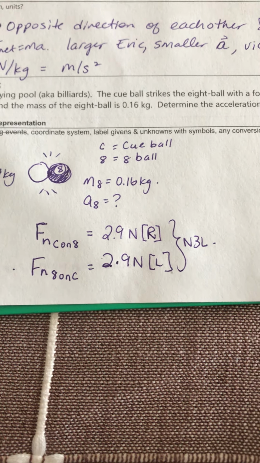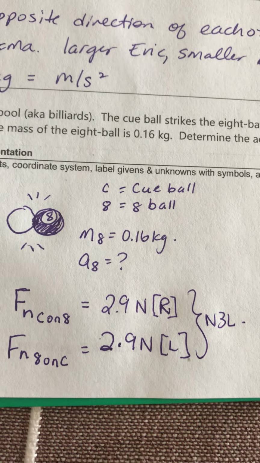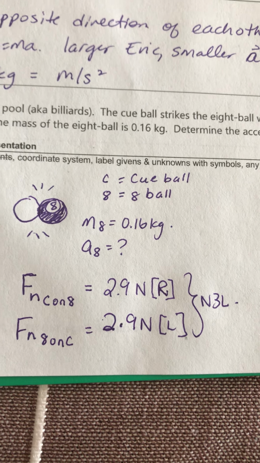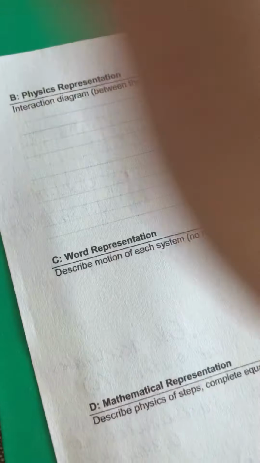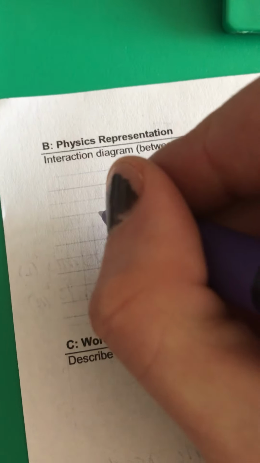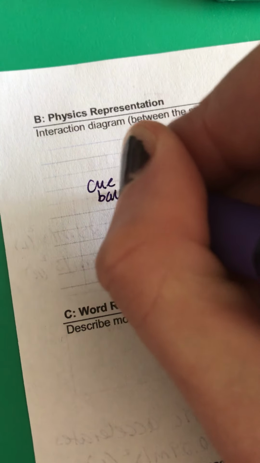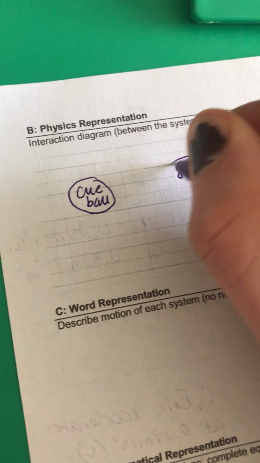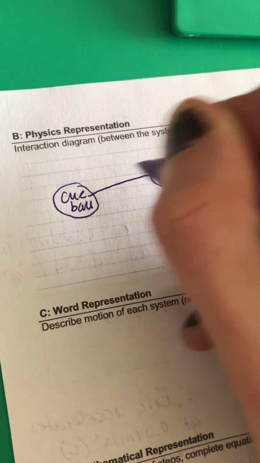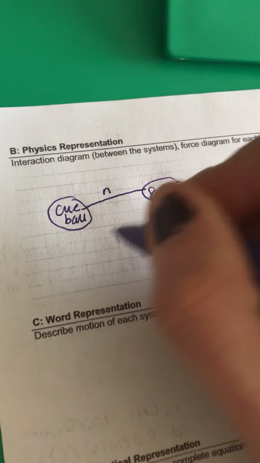All right, so it's a normal force because it's two surfaces in contact. We are going to differentiate that from the regular normal forces in our interaction diagram. Okay, so let's draw two systems, cue ball, 8 ball. They're interacting through this normal interaction.